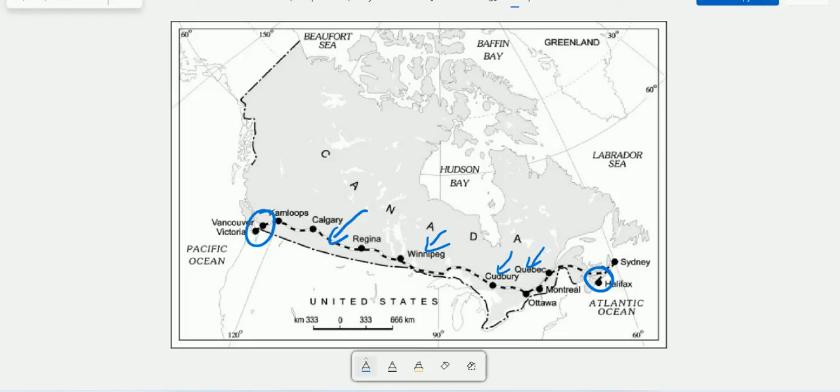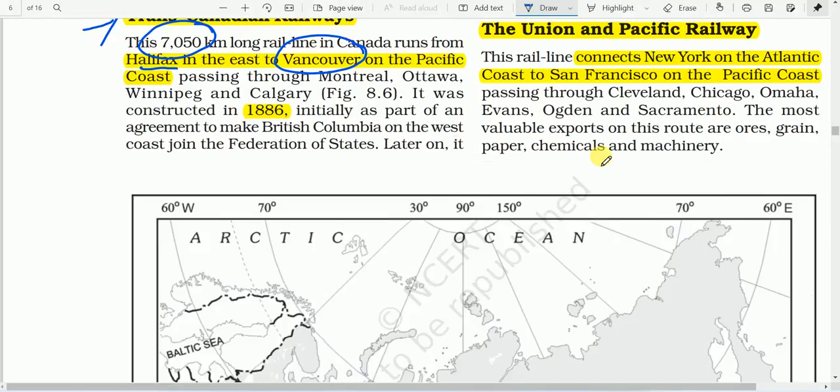Winnipeg, for example, Calgary, passing through Montreal, Ottawa, Winnipeg, Calgary. It was constructed in the year 1896 initially as a part of an agreement to make British Columbia on the west coast join the Federation of States.